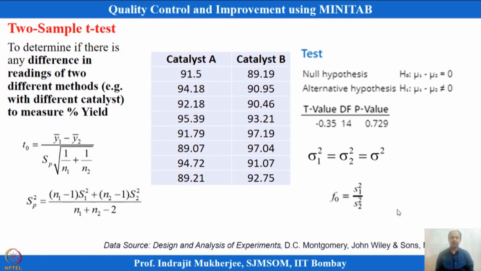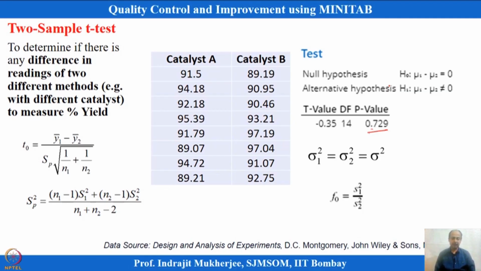In this case, because the p value is more than 0.05, both catalysts are giving the same means, mu1 and mu2 for catalyst A and catalyst B. So I cannot reject the null hypothesis. There is no improvement with a different catalyst over the existing catalyst.